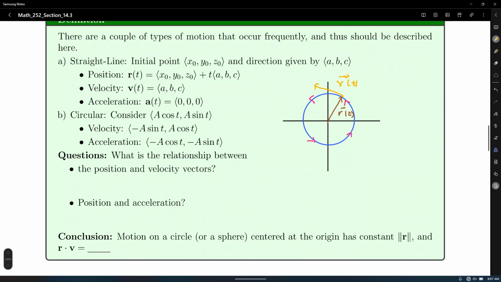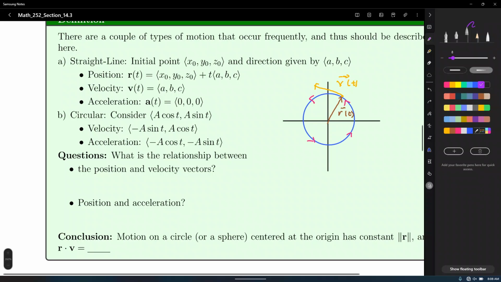What about the acceleration vector? At this same point, we should plot this vector. In which direction should we go? Notice the signs of the components. So we should go negative, negative. That means I need to go negative, negative. Actually, using a different color, kind of coming back to the origin, if you will.